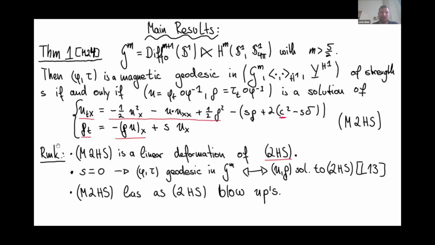And note first, the magnetic Hunter-Saxton system is a linear deformation of the two-component Hunter-Saxton system, which is underlined in red. And why is it a linear deformation? Because for the two-component Hunter-Saxton system, solutions correspond exactly to geodesics in the Lie group G. And as I said before, I like to think about magnetic geodesics as linear deformations of geodesics, so in terms of the equation, one would expect that the PDE is a linear deformation of the corresponding PDE.